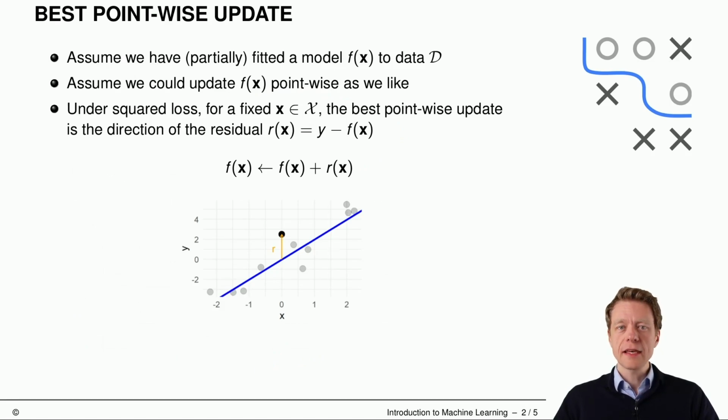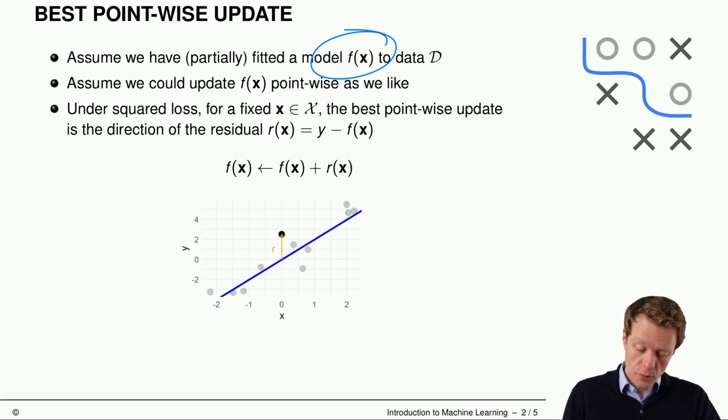Let's have here one example for a best point-wise update, which is a little bit artificial, but it helps understanding, I hope, the relation between residuals and pseudo-residuals. So let's assume we have a model. We already fitted that on some data points. You see here a model, the blue line, and the gray points are the data points.